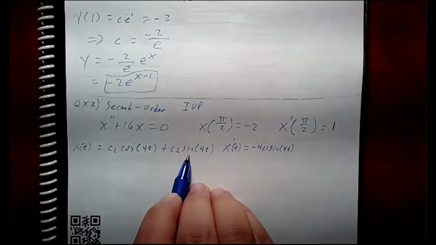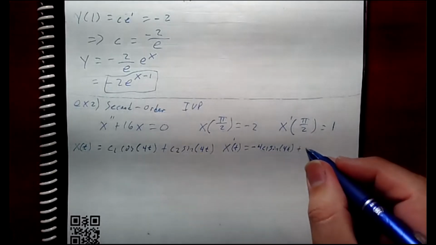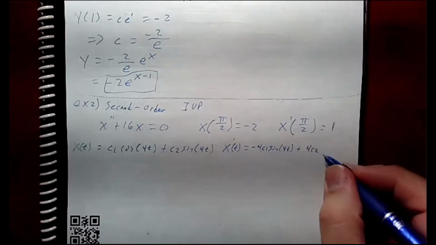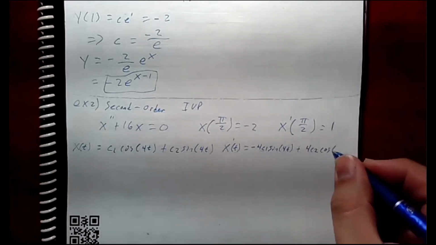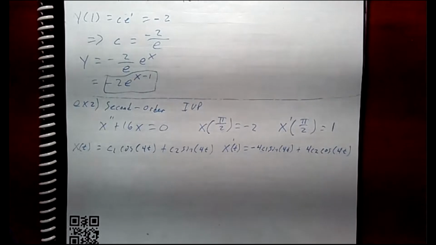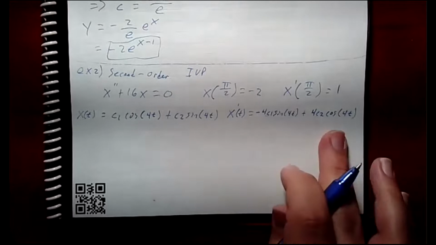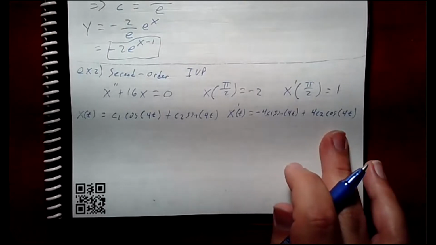Derivative of this guy will be cosine, so that'll be plus 4 C2 cosine of 4t. Okay. Are there any questions about the derivatives? Is that clear? Or is it weird?